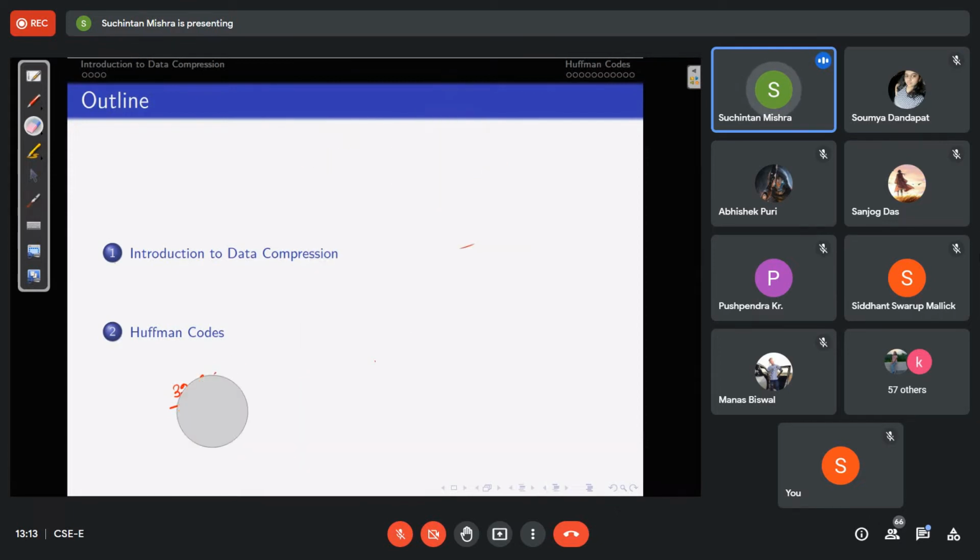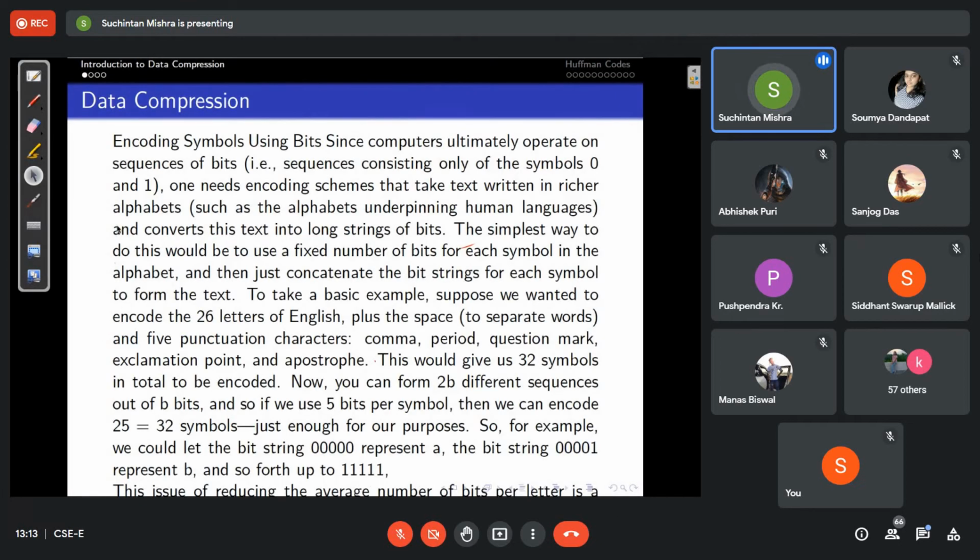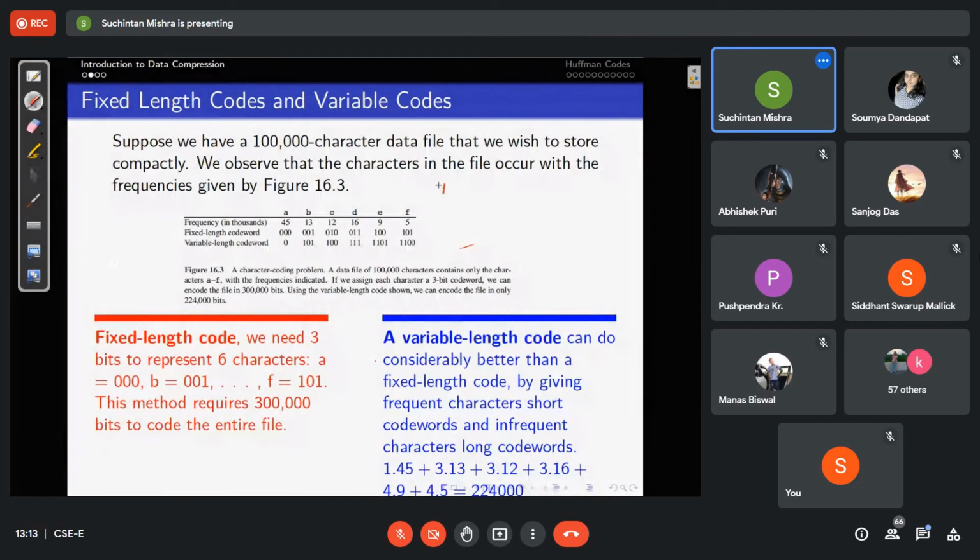So this is the concept of fixed length code. Let me go to the slide, then you can understand better. Now, the process of coding the symbols into corresponding code words is known as encoding.